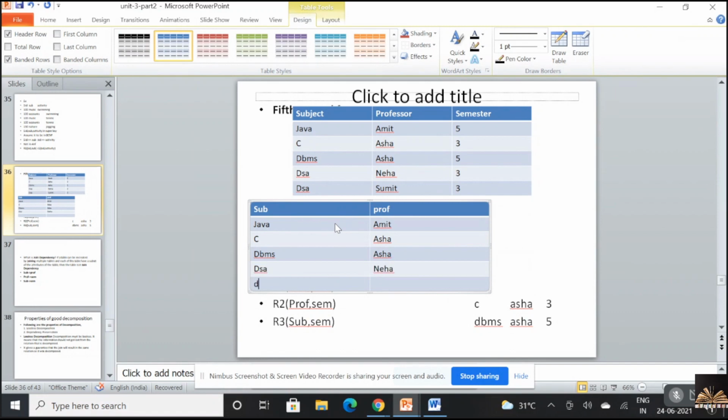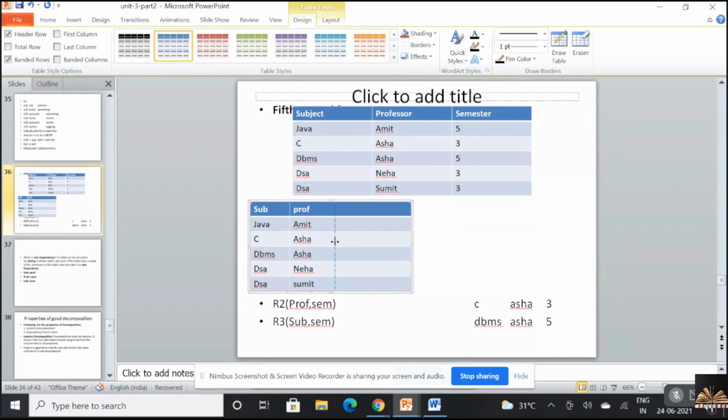And then I have DSA followed by Sumit. Okay, this is my R1.